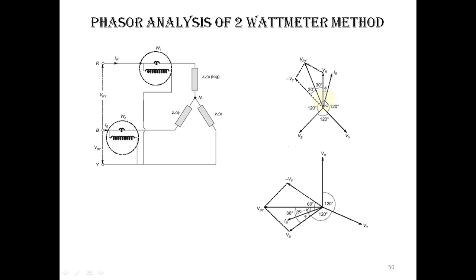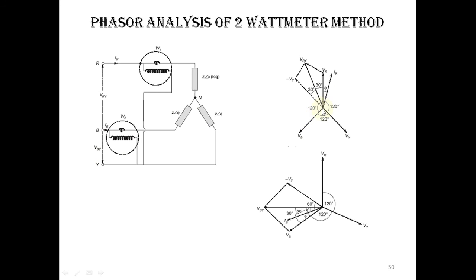So treat any one phase, VR. For a lagging load, IR will be lagging by an angle phi, so that is VR and IR. Now for the phase voltages, VR, 120 degree VY, another 120 degree VB, either this way or this way.